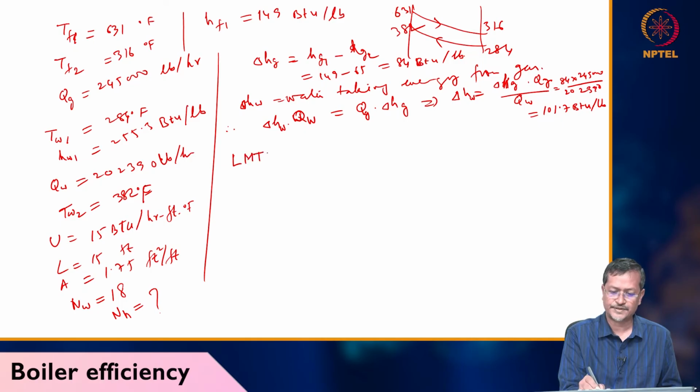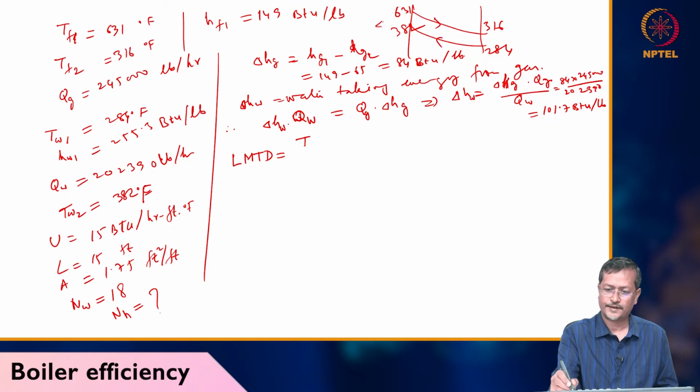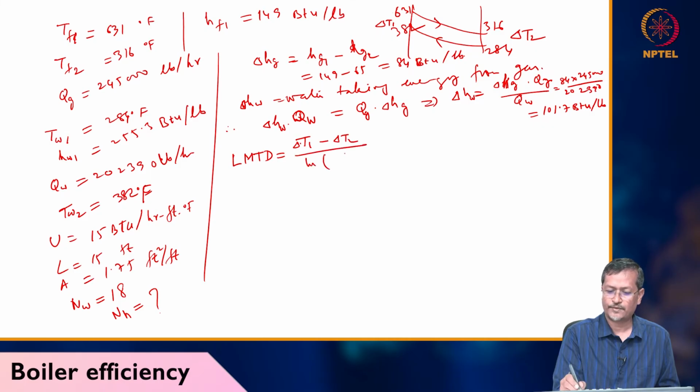Now because this is a counterflow heat exchanger, the LMTD you have to calculate, logarithmic mean temperature difference. To understand this one, you have to go to the previous lecture, heat transfer. So LMTD equals del T1 minus del T2 divided by logarithm of del T1 by del T2. Okay, so what is my del T1?